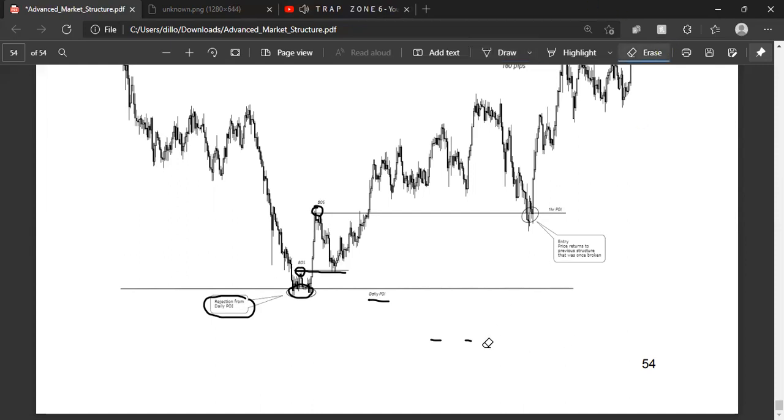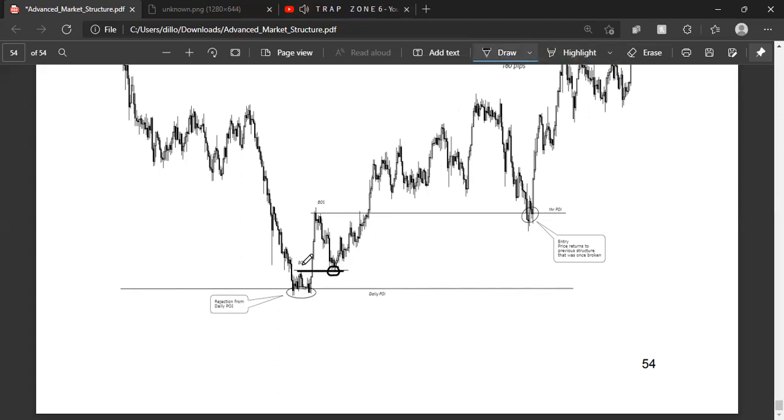So it could be a very volatile area, right? And you see right here, when it retraces back into that area, you can see we get another retracement and a break of structure again to the upside. So now we're really, really confident in that bullish order flow, right?